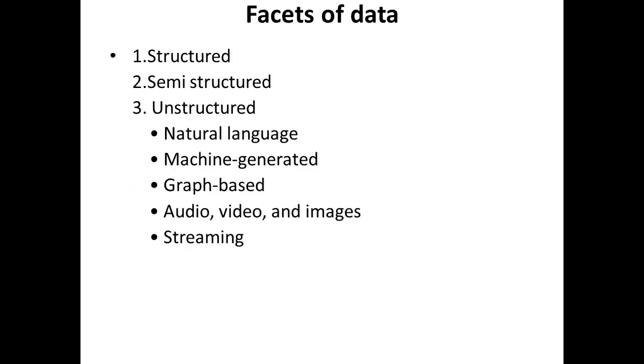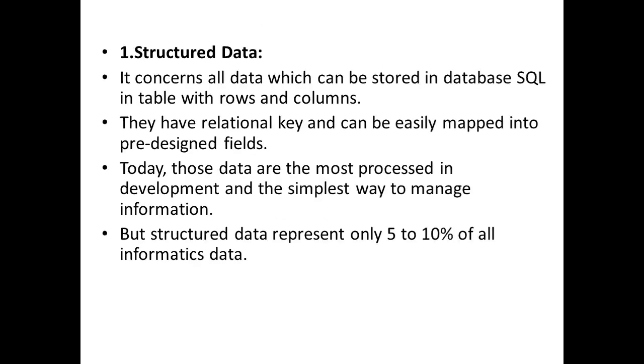And the different facets of data. Different facets of data means the different data structures. So the data may be structured, semi-structured, or unstructured. We will discuss now what is structured data. Structured data concerns all the data which can be stored in a SQL database in tables with rows and columns.